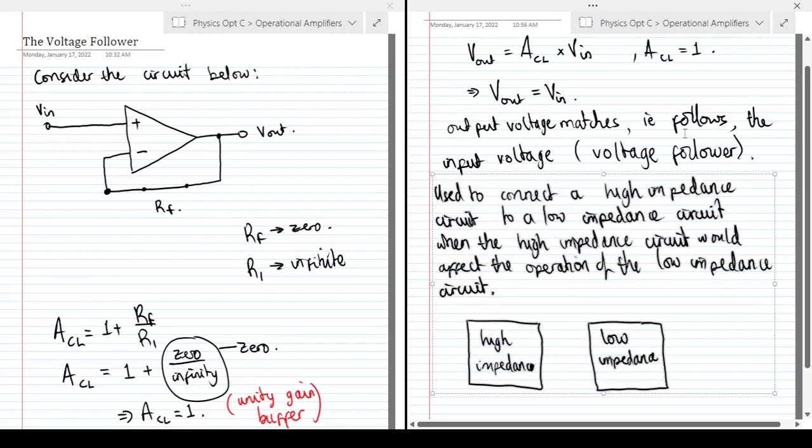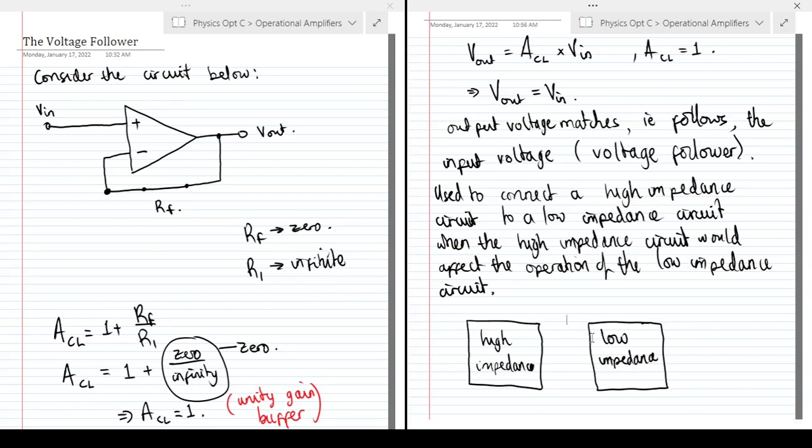So let's say you have a high impedance circuit, and then you have a low impedance circuit that you need to connect together, right? Now the low impedance circuit is one where currents and so on will affect its operation, right?